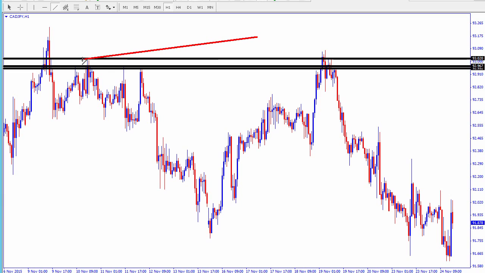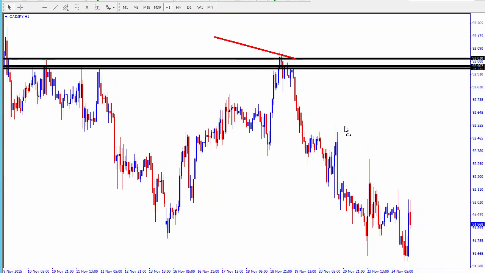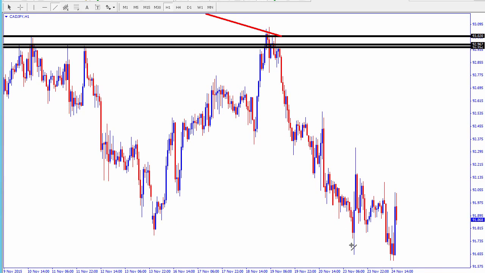So you see how all this data, all these swing highs, market's struggling up here, struggling up here. All right, down here, just recently. See it down here? Just recently.